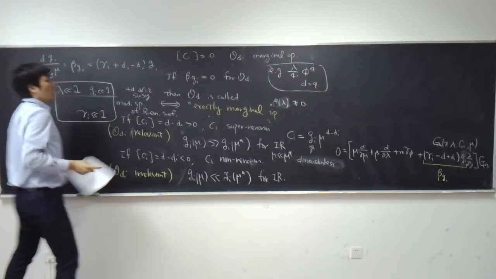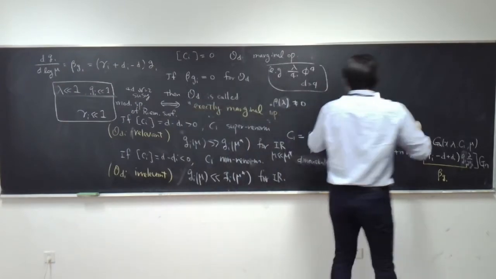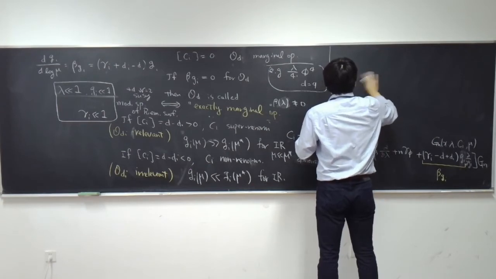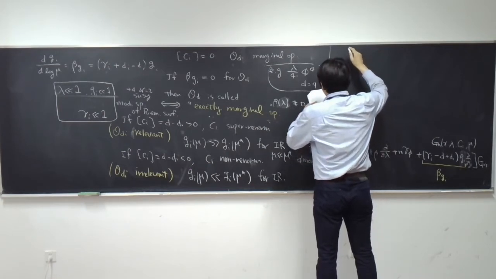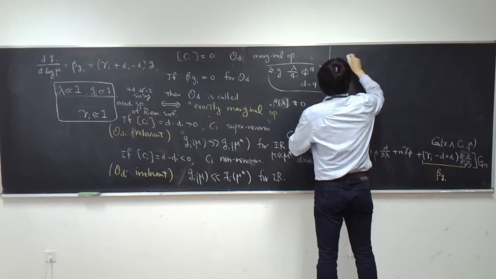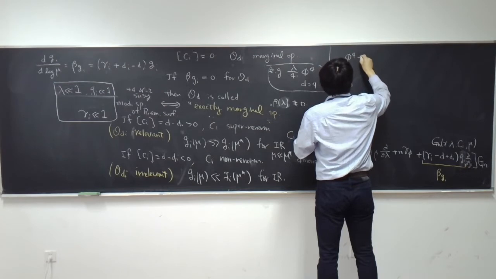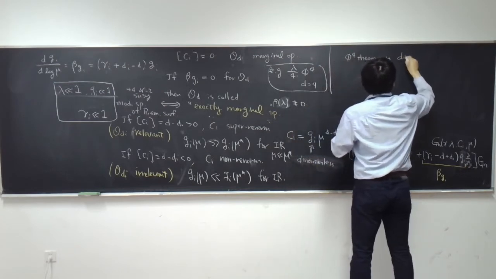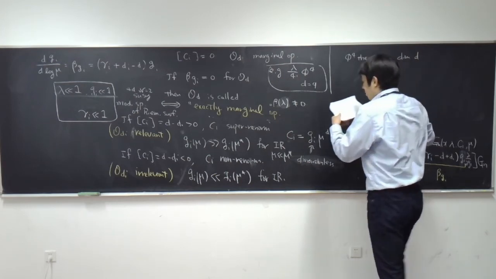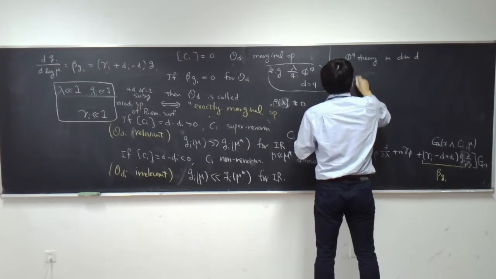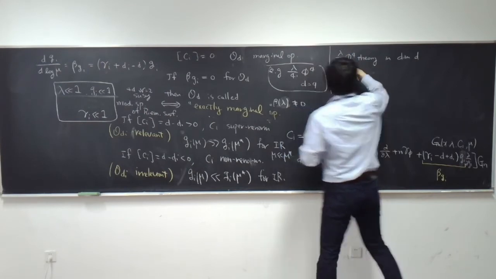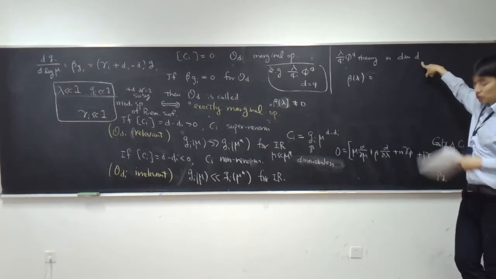If you consider the phi-four theory in dimension d, then the beta function of lambda. Of course, I assume the lambda over 4 factorial phi to the four in the Lagrangian, but not in 4 dimensions, in d dimensions.